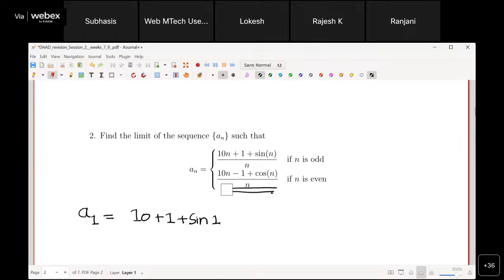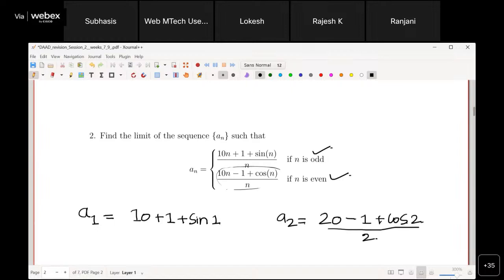So I have two different expressions, one when n is even and another when n is odd. Then a2 will become 20, I just need to substitute 2 in this expression: 20 minus 1 plus cos 2 by 2. Similarly, you can get a3, a4, a5 as well.